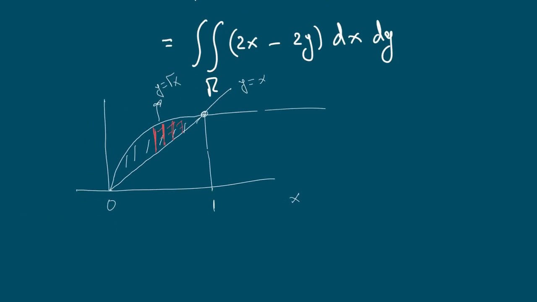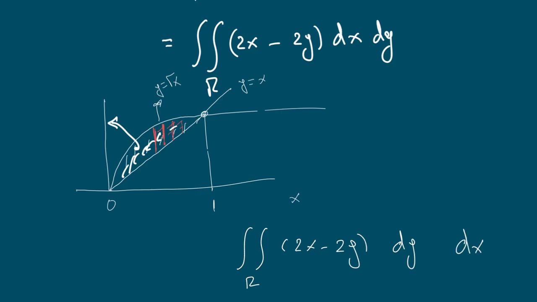So this integral will be the double integral over this region R, of 2x minus 2y. Now, because I'm going to use vertical stripe, I will put it in the order dy dx.